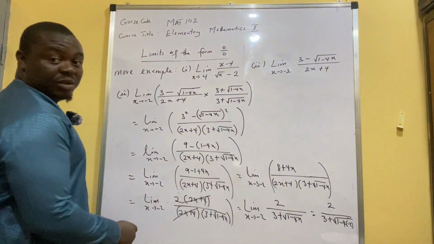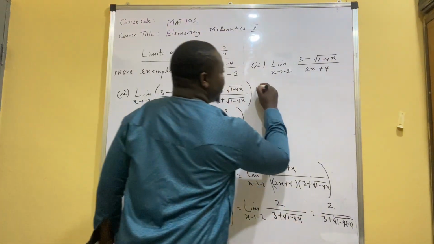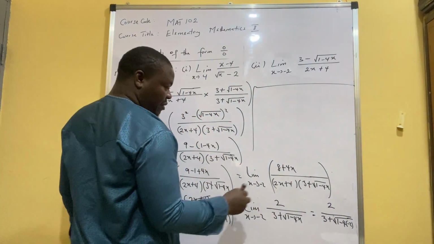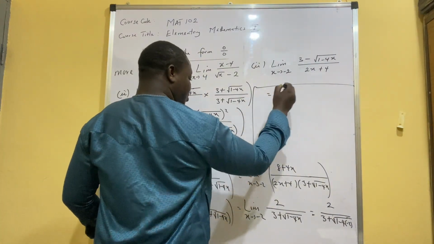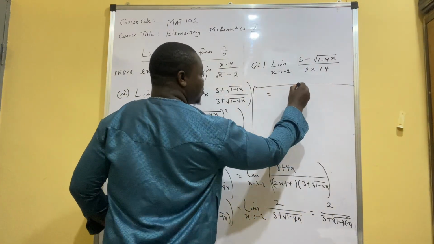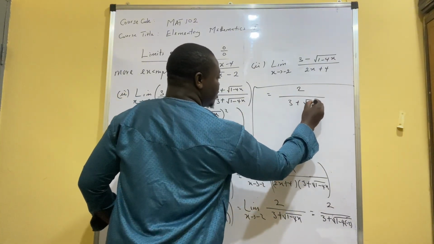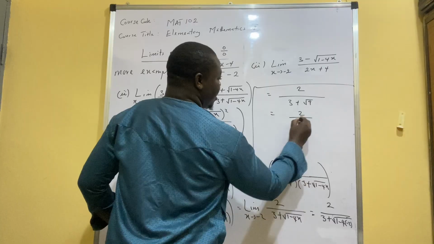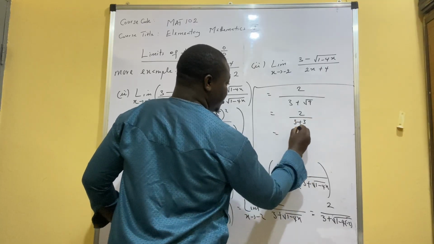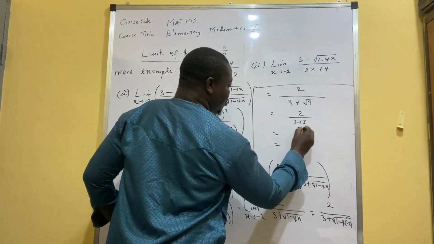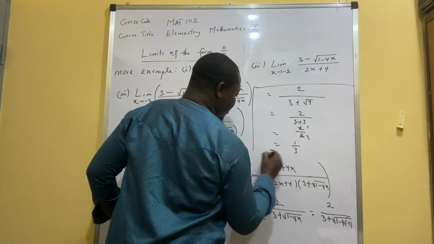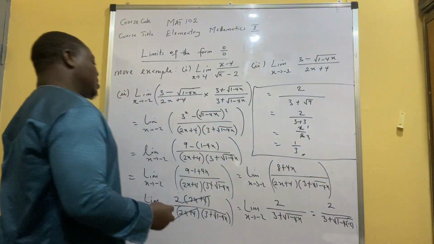Let me conclude it here. That will equal, if we simplify this, 2 over 3 plus root 9. This will be 2 over 3 plus 3, and that will be 2 over 6. And 2 goes into 2 once, and into 6 three times. That will be 1 over 3. So the limit is 1 over 3.